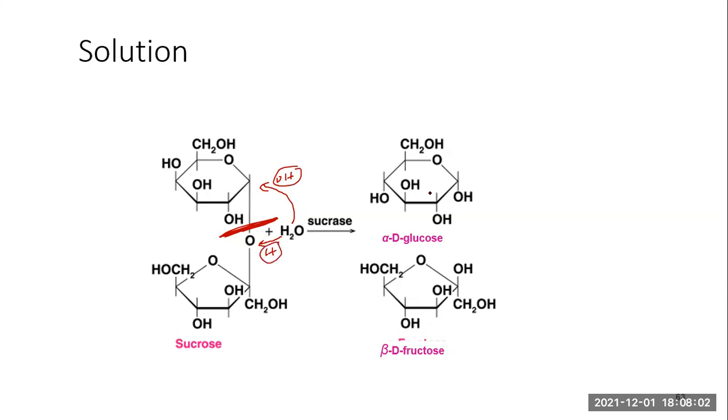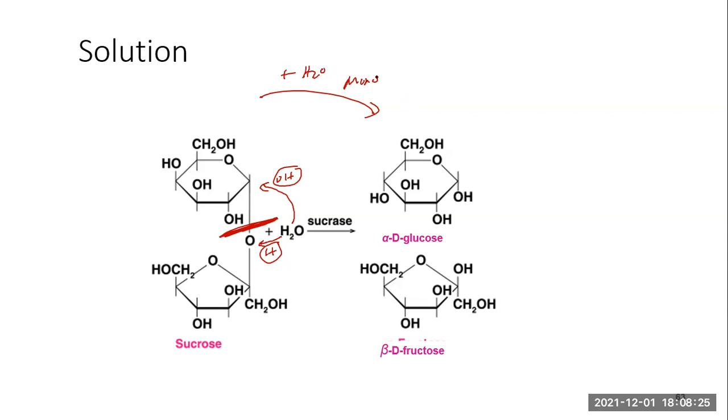And we get back our monosaccharides like we had. So to put our disaccharides together, take out water. To break apart our disaccharides back into monosaccharides, we add water. Any questions on that there?